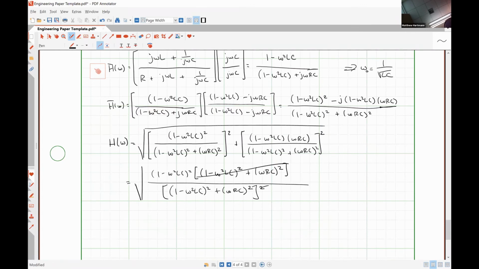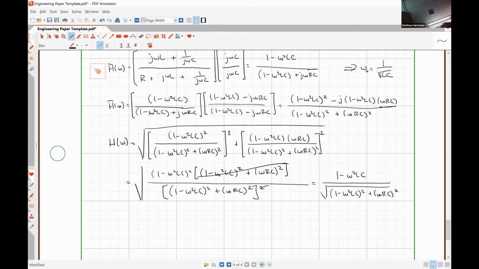This guy cancels that, and we are left with 1 minus omega squared LC divided by the square root of 1 minus omega squared LC squared plus omega RC squared.